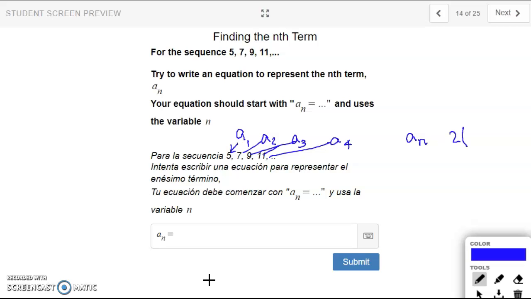I increased 3 times when n was 4. That means I don't want n times, but n minus 1 times. So I am going to add 2, n minus 1 times, to my initial term, which is the first term, a sub 1. I'm going to explain that more during the lesson.